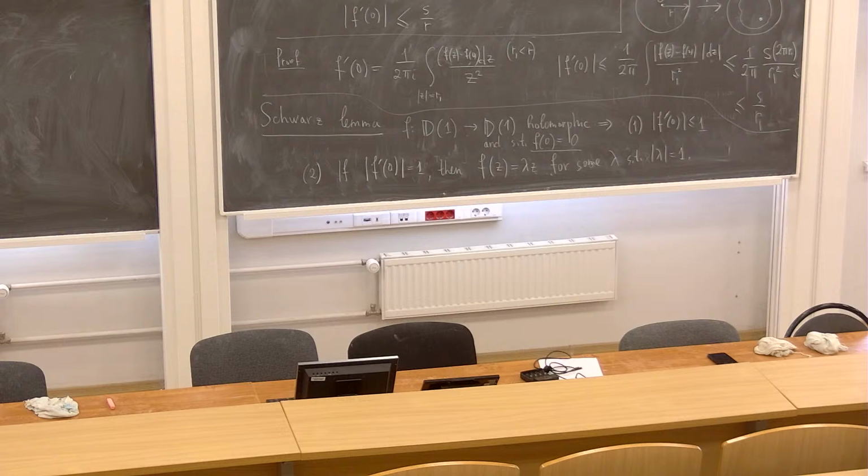So okay, let's do it this way. So consider a new function g of z, which is equal to f of z divided by z. Now it has the limit. So the limit as z goes to 0 of g of z is equal to f prime of 0, just by definition of the derivative, and it exists.